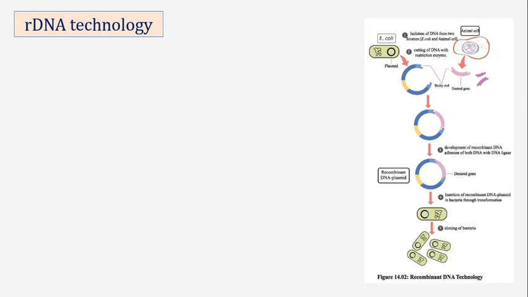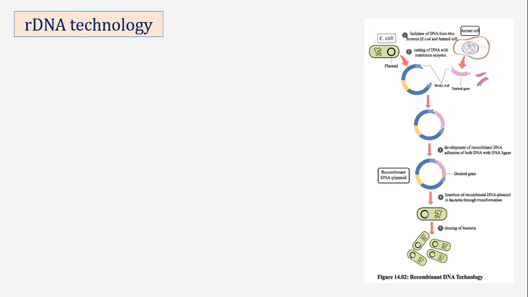But this earlier tradition has some problems, because you have to kill a lot of pigs or sheep to collect only one vial of insulin hormone. So that is not actually practical.